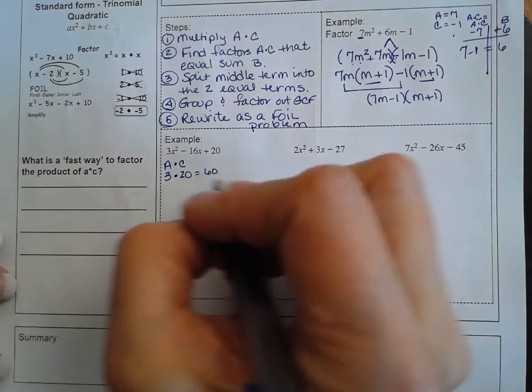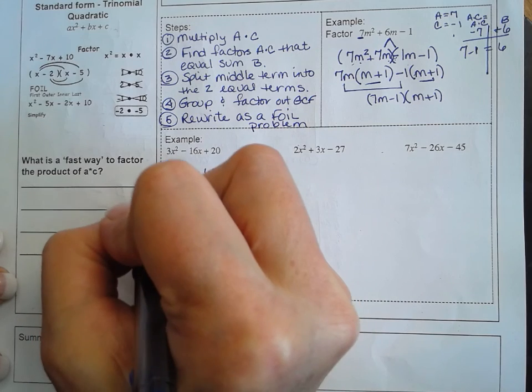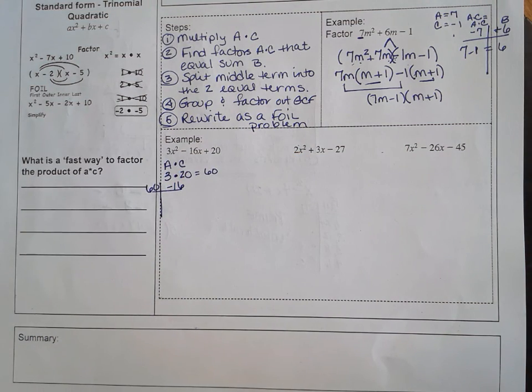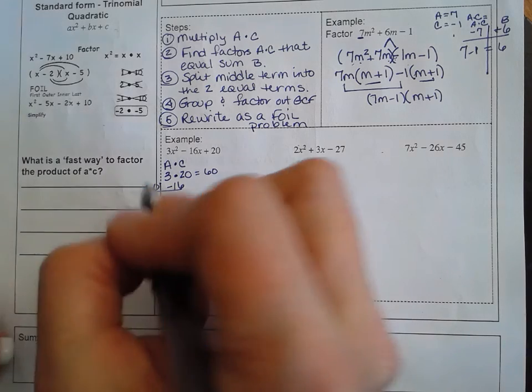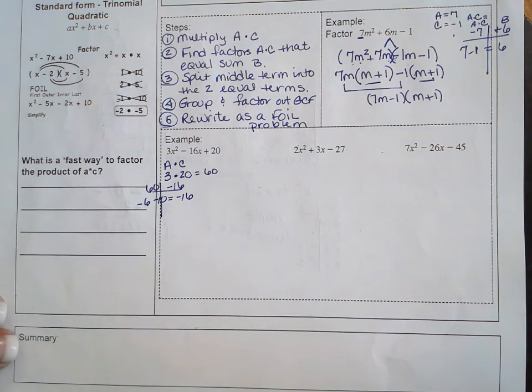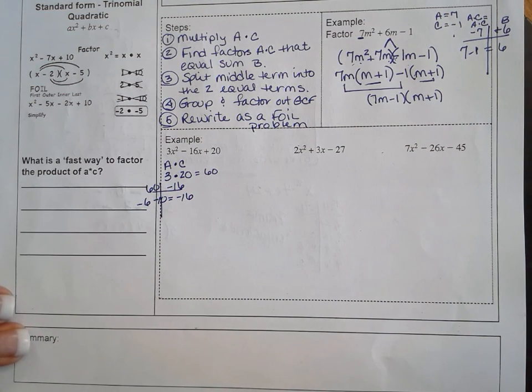What factors of 60 are going to give me negative 16 for my answer? 10 and 6 aren't going to work. I like that. Negative 6 and negative 10 is going to give me negative 16. Is everybody with me on that?